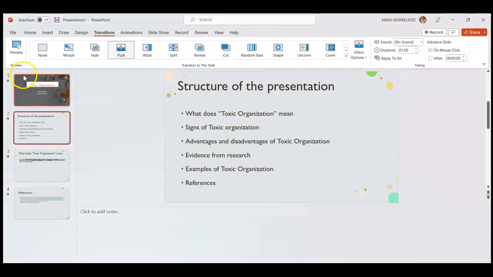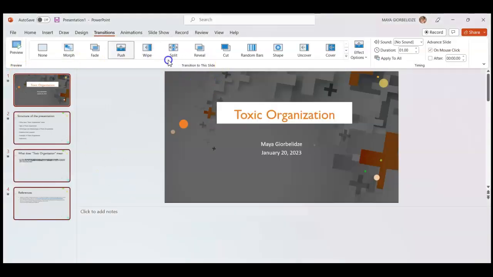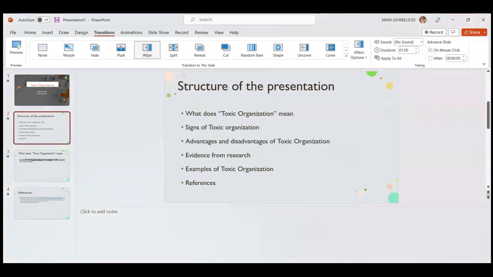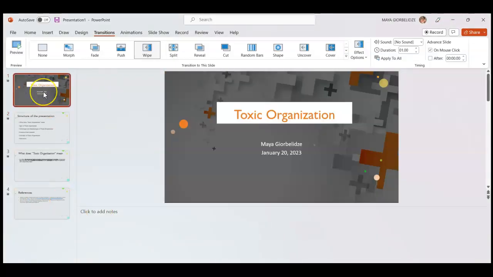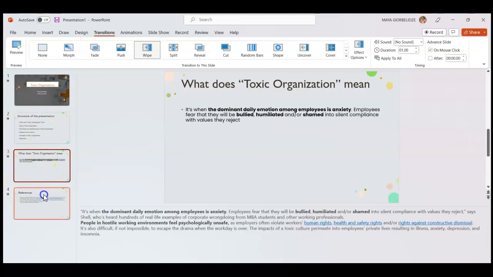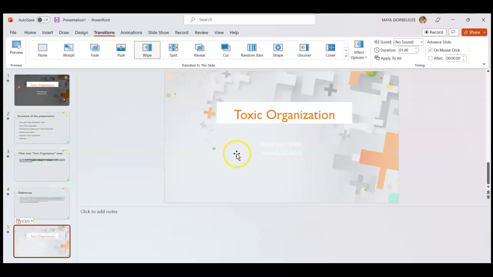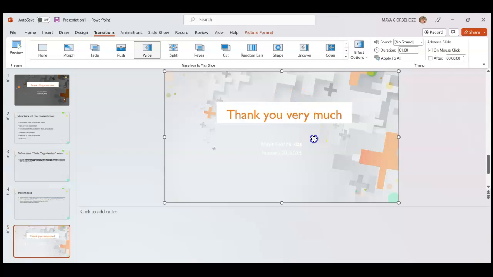Then you click Control A. If you would like to click wipe, this slide is transitioned this way. It's up to you. However, the first slide should definitely be the landing page, then the structure, then you do the content, and you do the references, and the last one is thank you. Thank you very much, or questions and answers, and then you can design respectively.